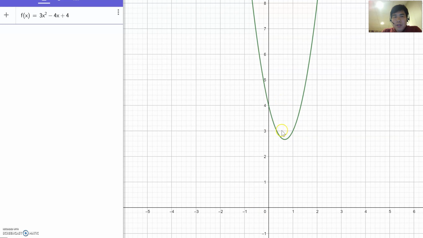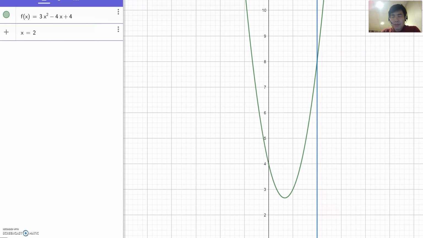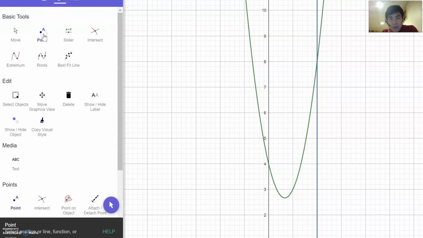So this is the graph of f(x) equals 3x squared minus 4x plus 4. To make it easier to understand, I'm going to draw a vertical line, x equals 2, because this is our limit point basically. I'm going to make a point so that we can see really clearly.